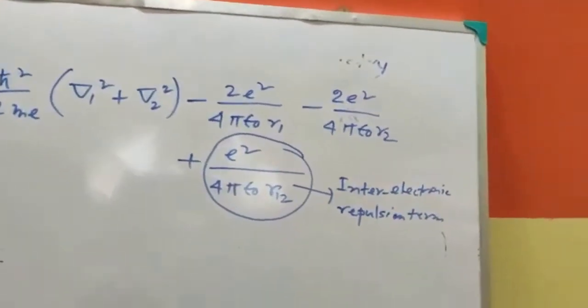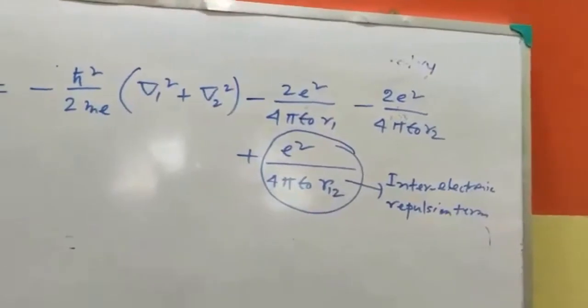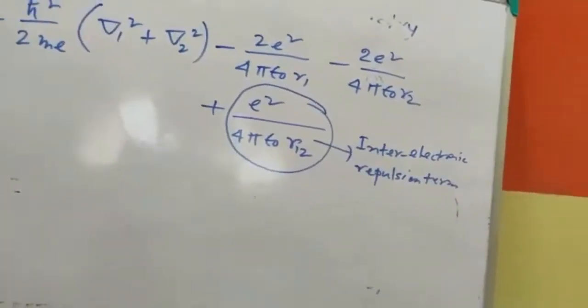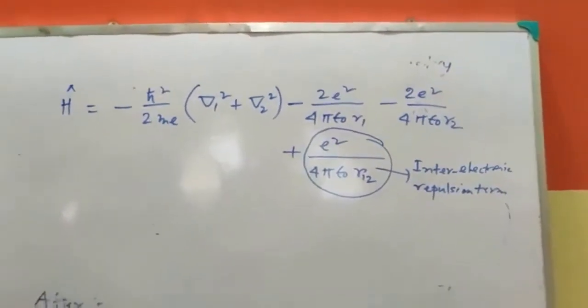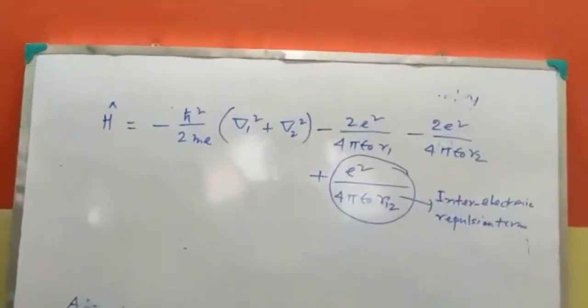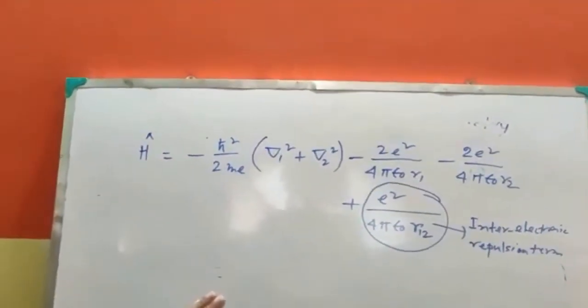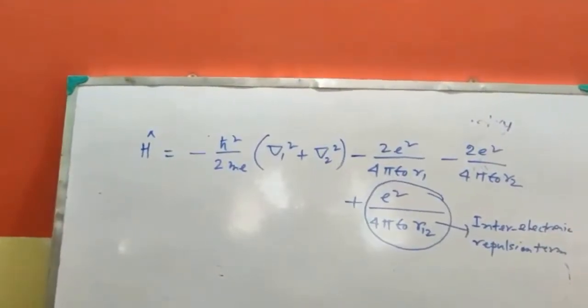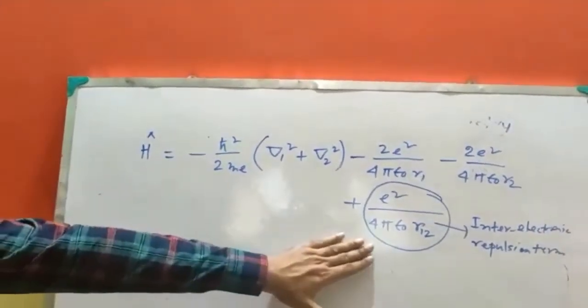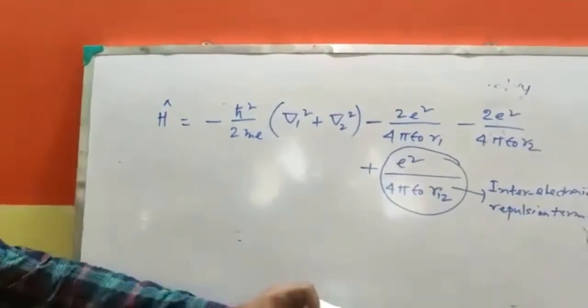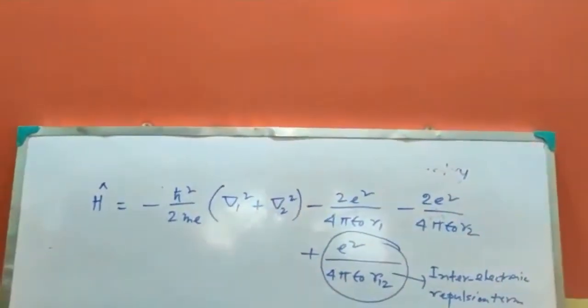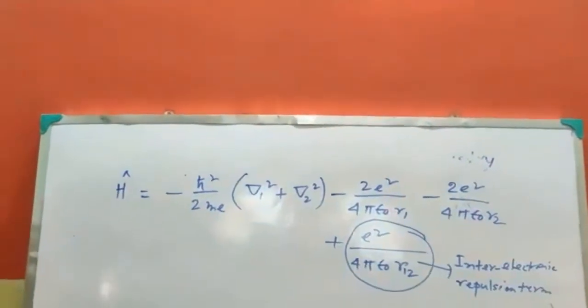Suppose this term is not there, then basically this is a system of two separate hydrogen-like atoms. What I am saying is that if this inter-electronic term is not there, then we can write this equation.